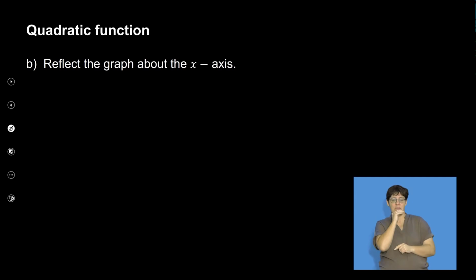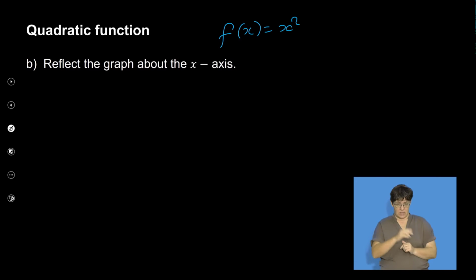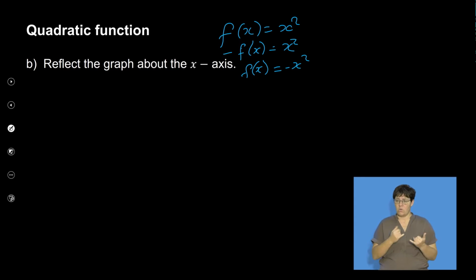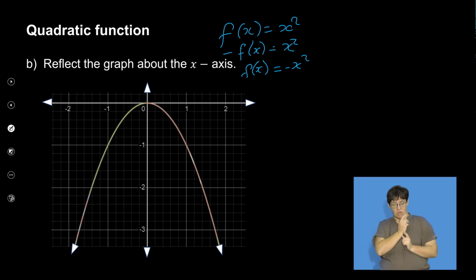Because the function was f of x equals x squared, when I reflect it about the x-axis, it will be minus f of x equals x squared, which eventually becomes f of x equals negative x squared. So in simple terms, it now becomes a sad face instead of the happy face. And therefore, the graph will look like this.